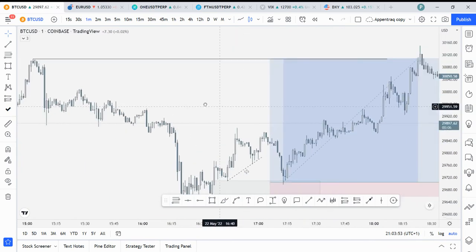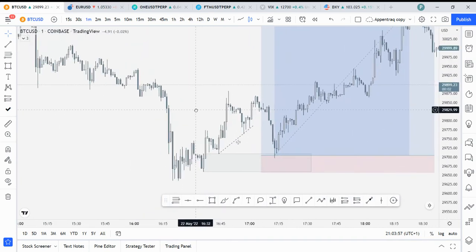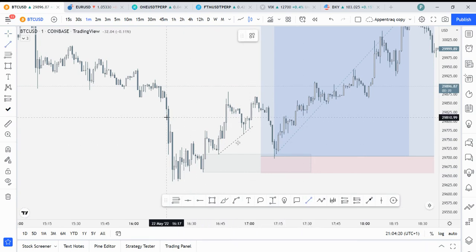So why did I take it? Based on decisional and extreme zones. Once price forms a high, forms a low, this is a high that needs to be broken for us to have a market structure shift. Now every other zone that forms before the break of this structure is a decisional zone.